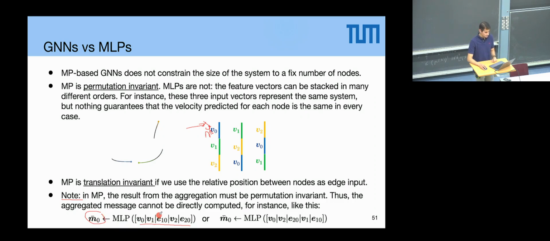However, this can be translation invariant, because here we have the features of the edges which can have relative positions. This is still not permutation invariant, because here we can change the order between these features. That's why it's important to first compute the messages and then aggregate them using summation or mean.